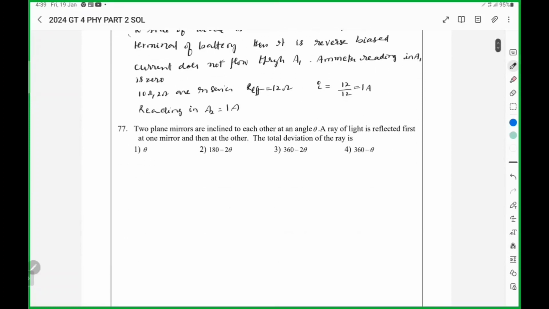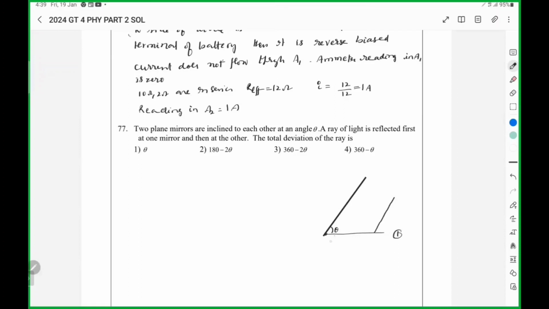Here, two plane mirrors are inclined at an angle theta. When a ray is incident on the first mirror, it gets reflected.